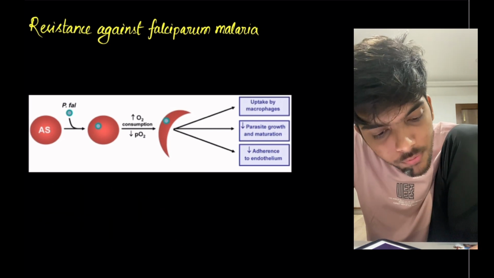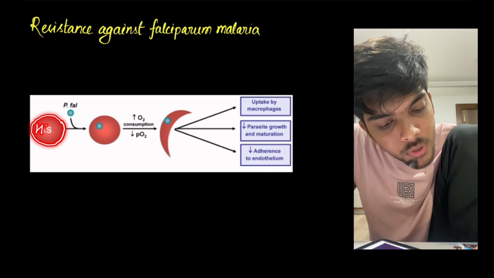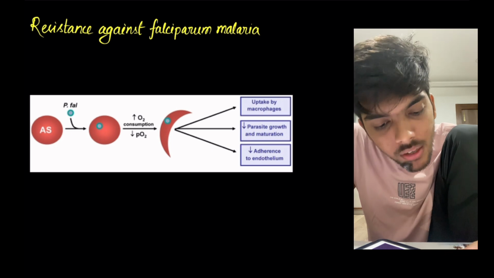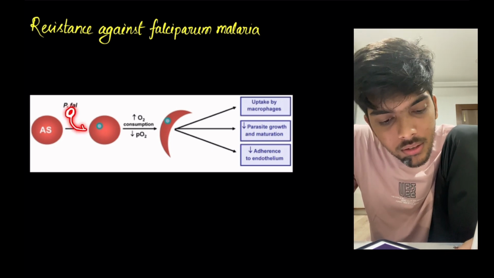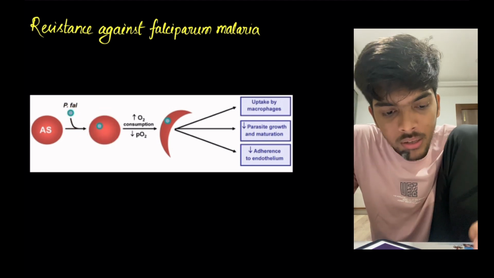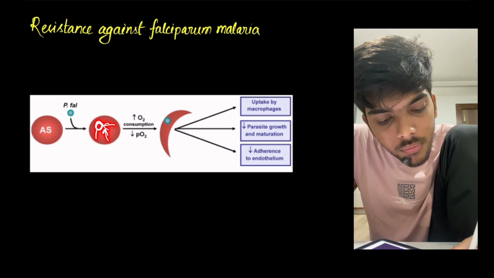So first we have your red blood cell with HbS or hemoglobin S. The parasite Plasmodium falciparum enters the red blood cell. Inside the red blood cell, Plasmodium falciparum consumes oxygen.